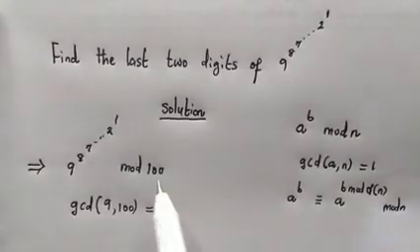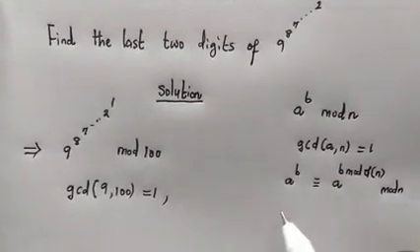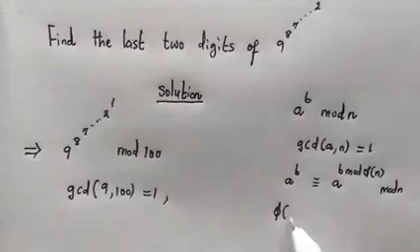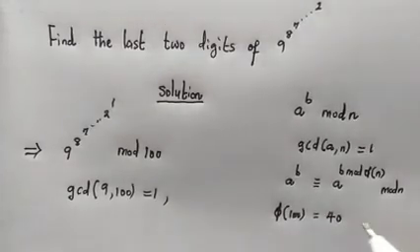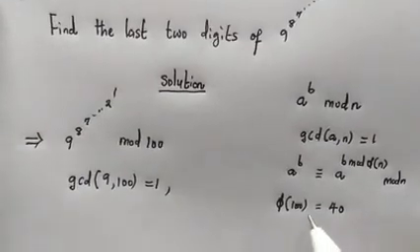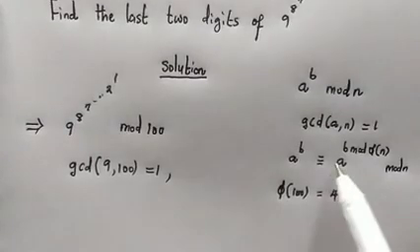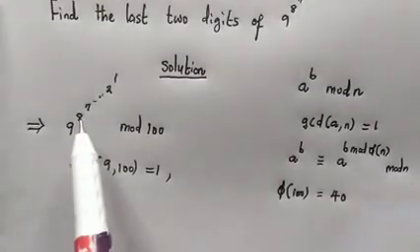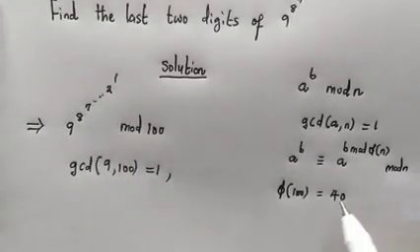Then we need to evaluate the Euler phi of 100. So what is the Euler phi of 100? It is going to give us 40. I've done a video on how to calculate the Euler phi of numbers, okay? So now, according to this theorem, we need to evaluate this power starting from 8 up to 1 in mod 40.